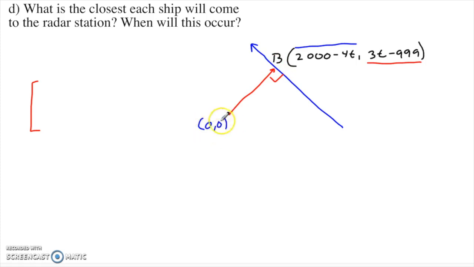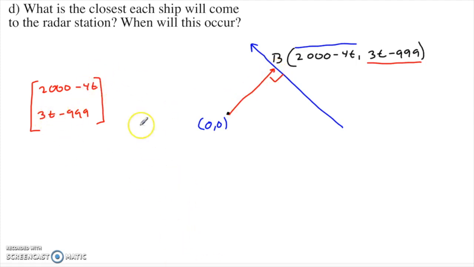Since I'm starting at 0, 0 again, that's really easy. The x position is just 2000 minus 4t, and the y is 3t minus 999. So this vector describes this red line right here, going from 0, 0 to the position of the bandit for any moment in time.